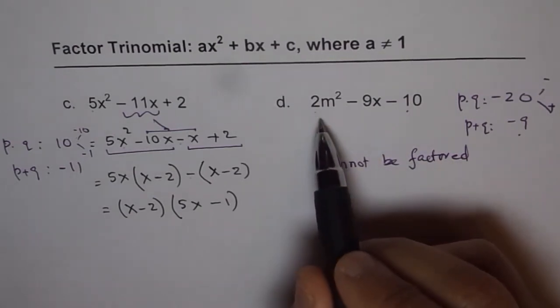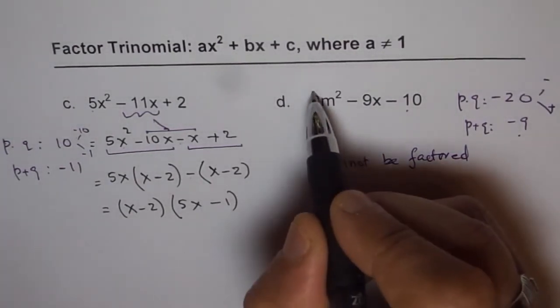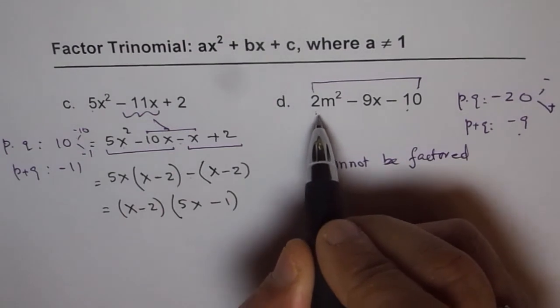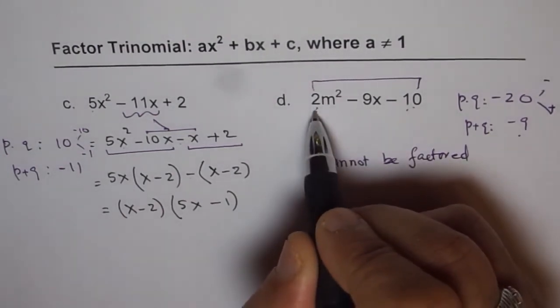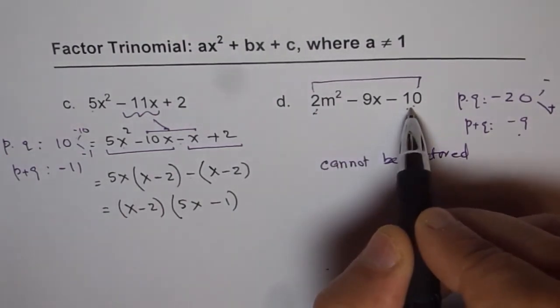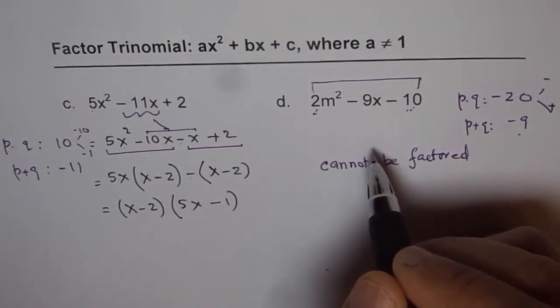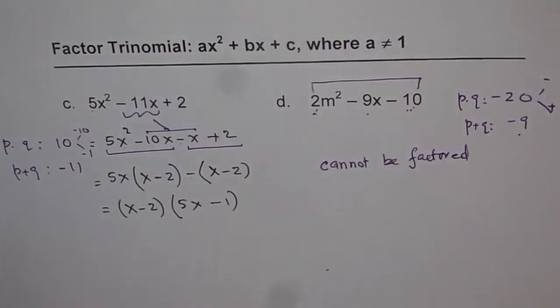We need two numbers whose product should give us the product of a and c, the leading coefficient and the constant term, and the sum should be equal to b, the coefficient of x. If we don't get any combination which can satisfy this condition, then we cannot factor. The example is just before you, right? So it's important to understand that all trinomials cannot be factored.